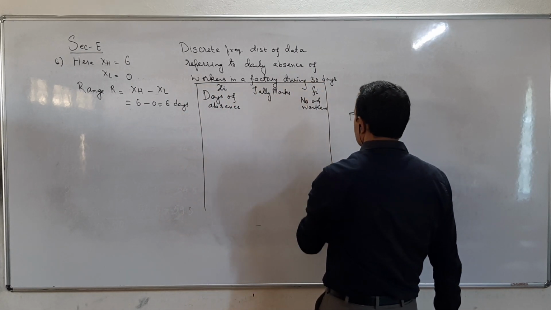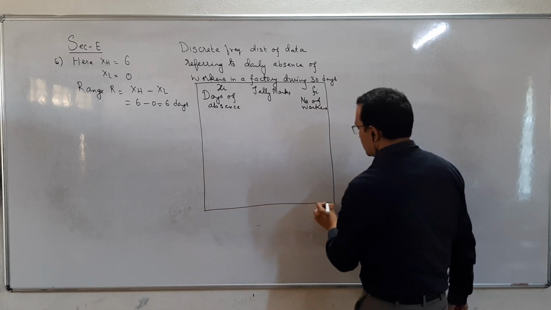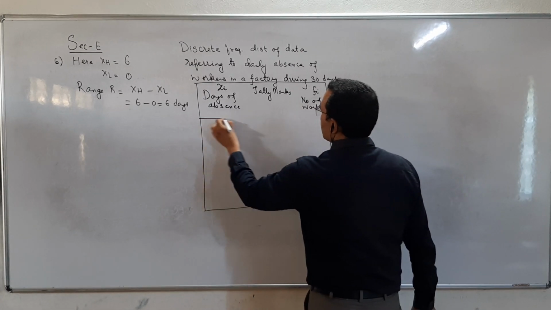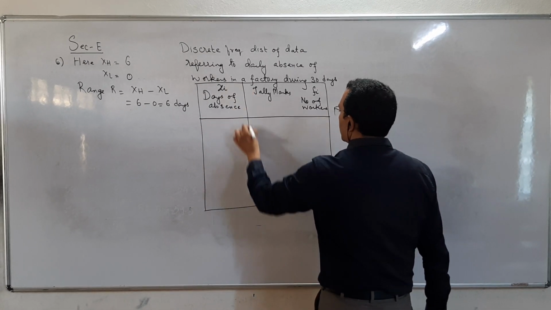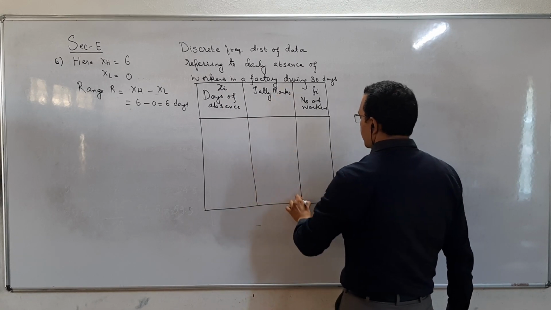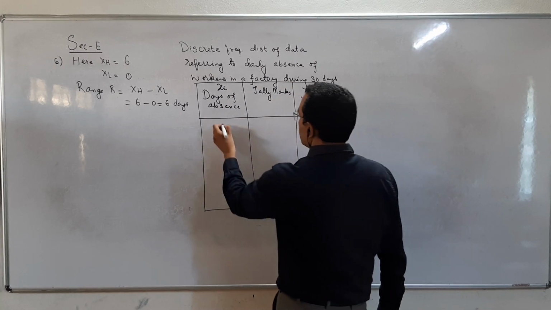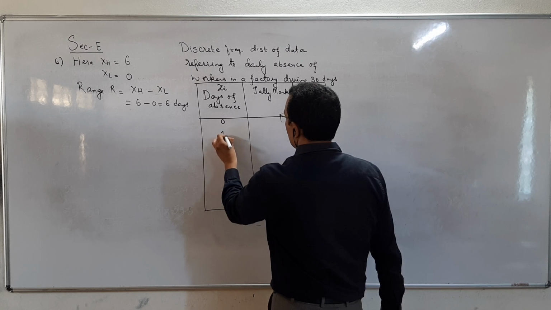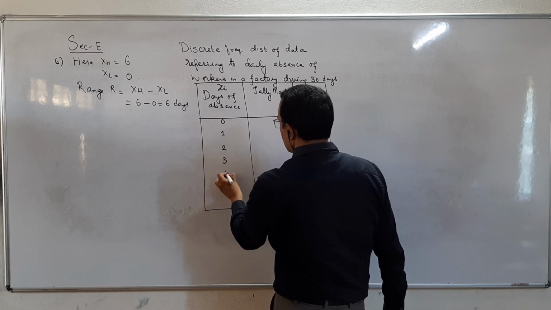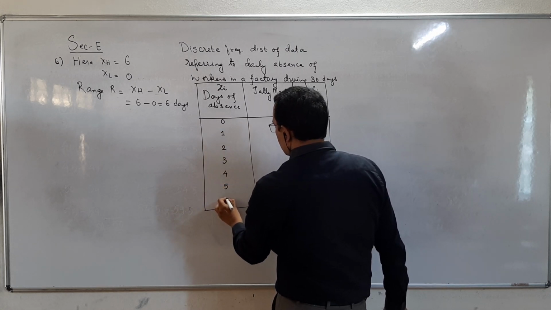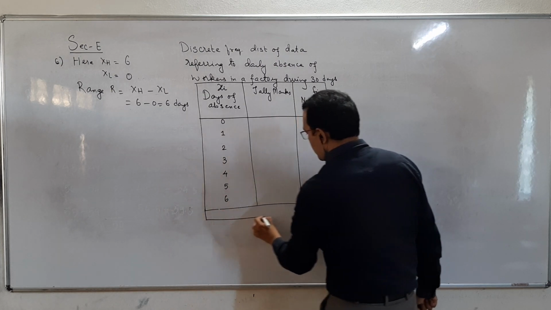Three columns which we have to make in the sum. And we are going to prepare a discrete frequency distribution: 0, 1, 2, 3, 4, 5, 6. Then we will take the total.